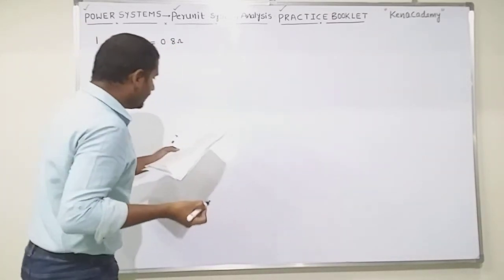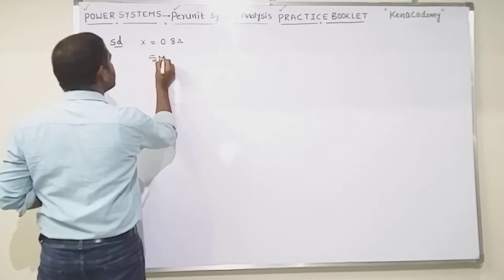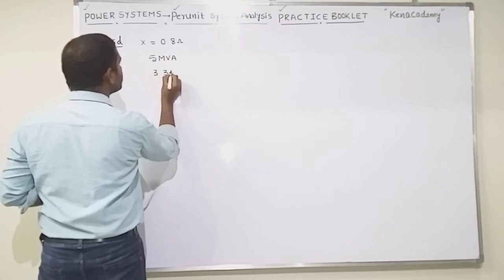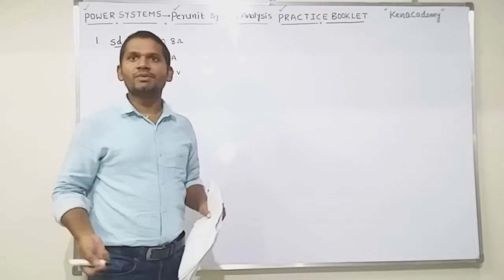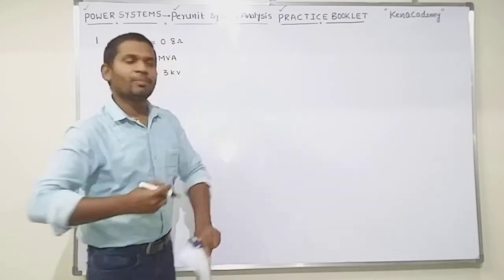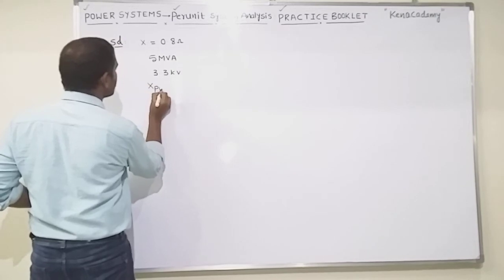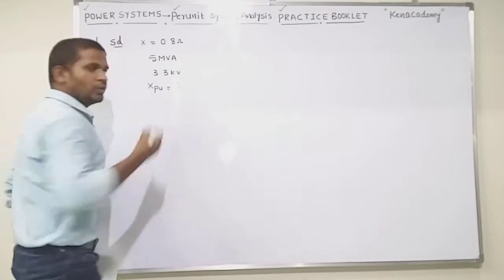The rating of the generator is 5 MVA, 3.3 kV. Then what is the per unit reactance of the generator? This you want to calculate.